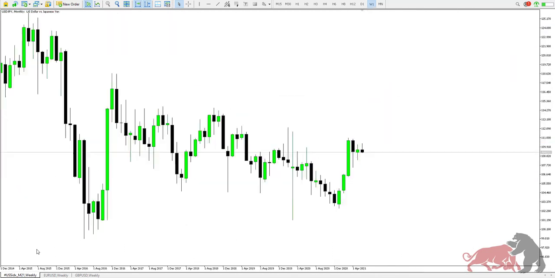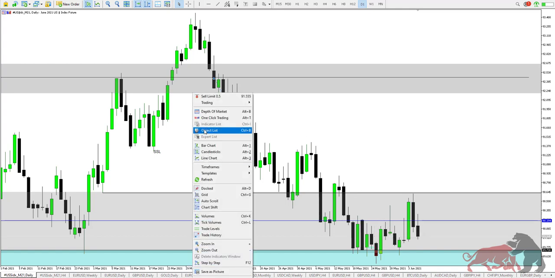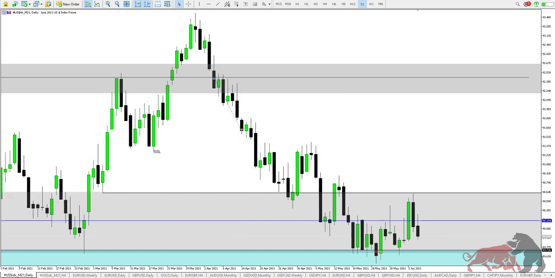dollar index, you can see dollar is still right in our monthly discount. Dollar is still in discount. Now, with that said, where do we anticipate dollar to trade to before it can start finding support? You see what we have in discount.